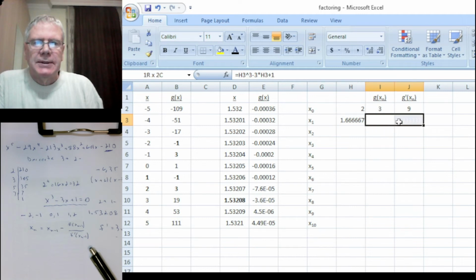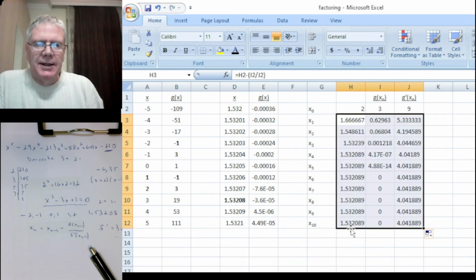And then I calculate g and g prime, which I need for the next step. And I just keep repeating this. And here I am at 1.53208. That's the same root that I found last time. This time it's much easier to go on and find the other ones.